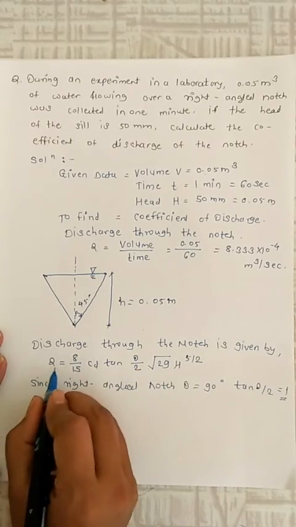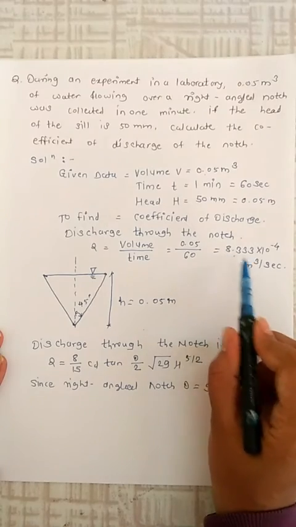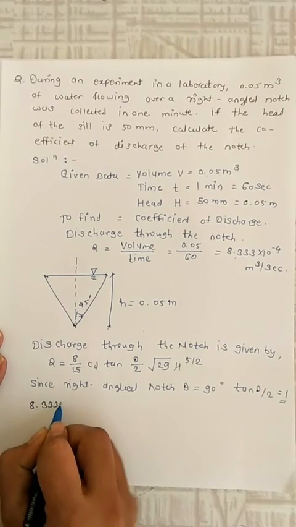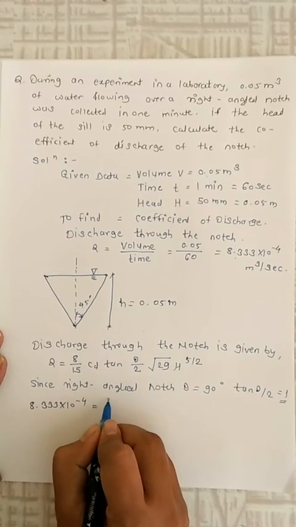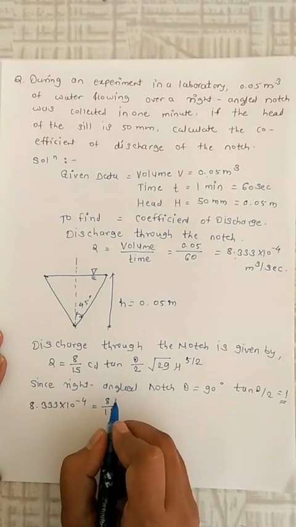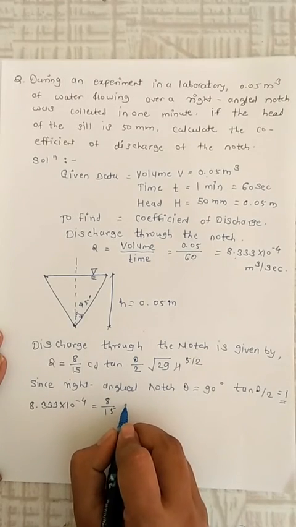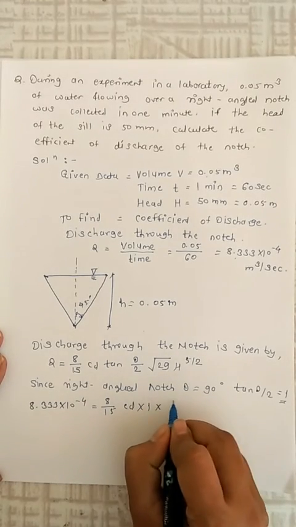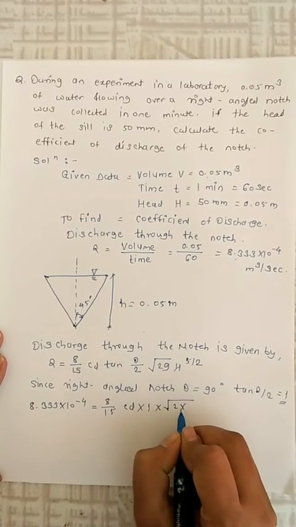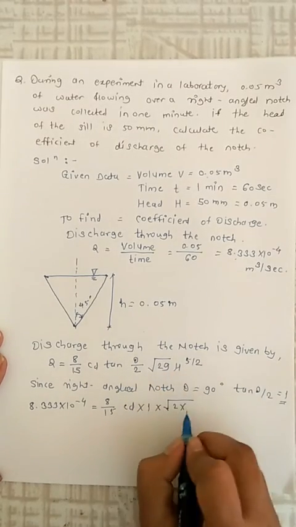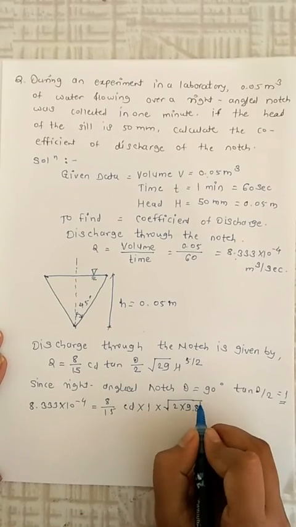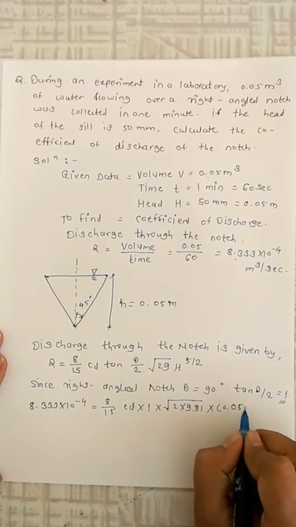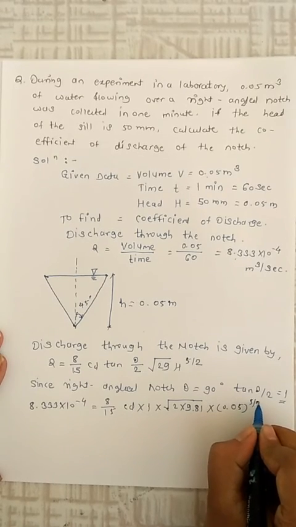So we get Q, which we have calculated as 8.333 into 10 raised to minus 4, is equal to 8 by 15 into CD into tan theta by 2, which is 1, into under root 2 into g, where gravity is 9.81, into head 0.05 raised to 5 by 2.